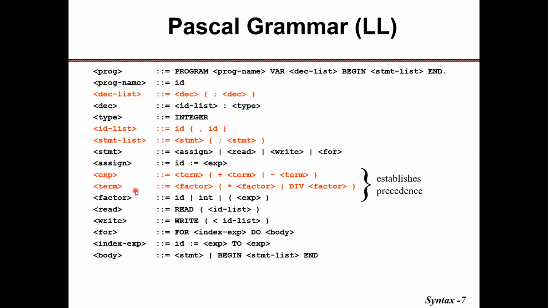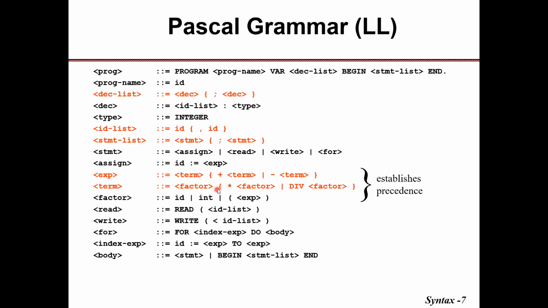Okay, we come up to a basic term. So the rule term is defined to be a factor followed by, it could be either a multiply factor or a div factor. Now notice we wrote this a little bit differently than we did in the bottom-up approach. Here we're using the EBNF format, as you probably recall.